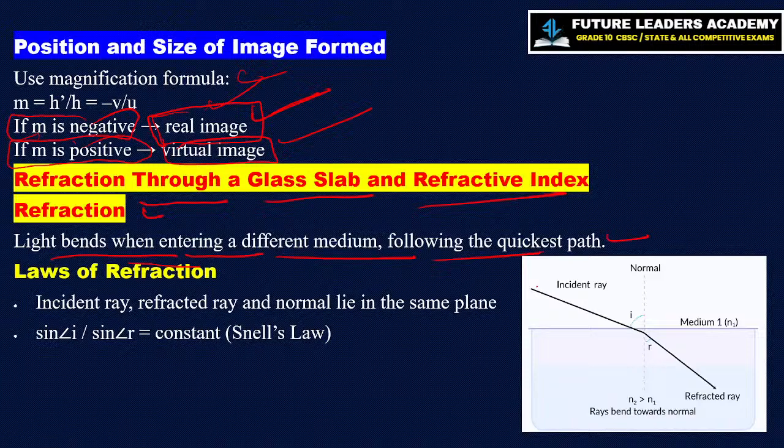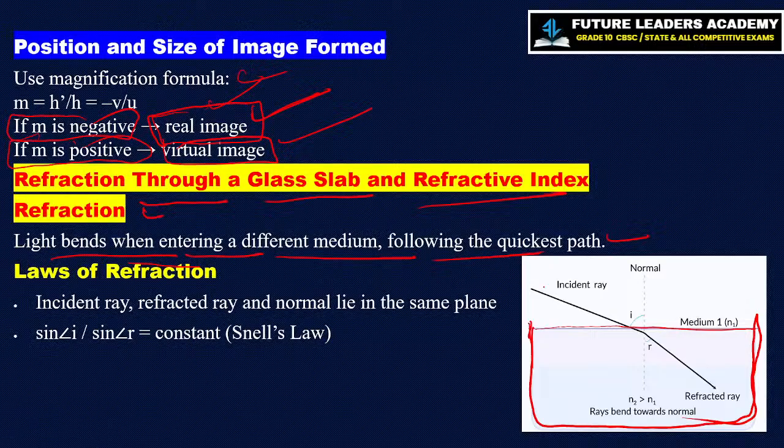I have given the concept here. This is not visible, but this is one of the glass tubs. It is completely filled with water. This is the complete surface of the water.